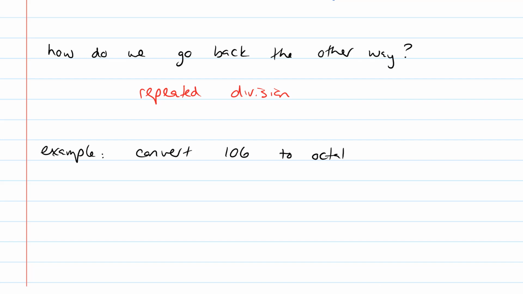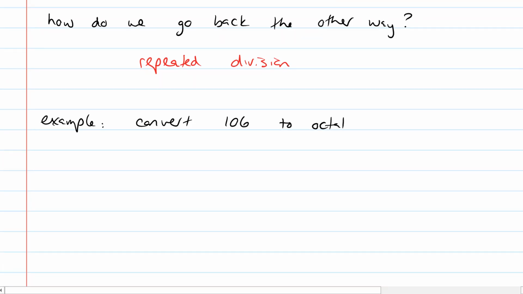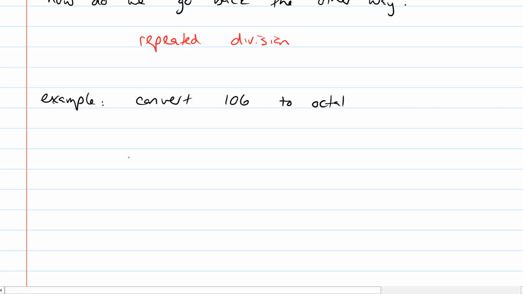In order to make this nice and tidy, I'm going to set it up in the following way. I'm going to take 106 and divide it by 8, and write it in a little half box here, where I've got Q and R at the top, where Q is the quotient and R is the remainder.